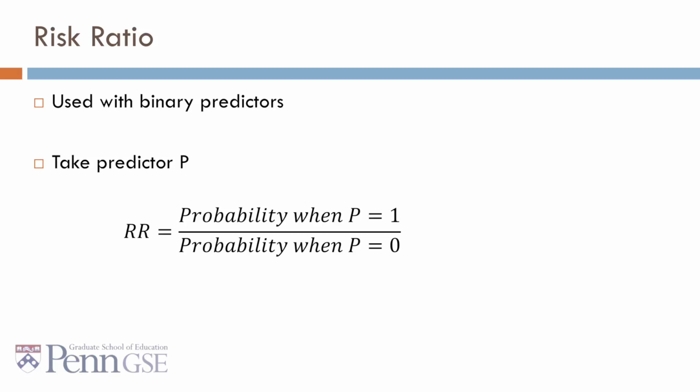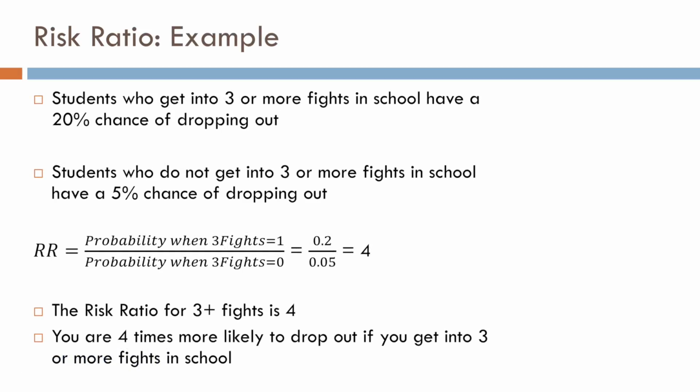To give an example, let's say that students who get into 3 or more fights in school have a 20% chance of dropping out, whereas students who don't get into 3 or more fights in school have a 5% chance of dropping out. In that case, our risk ratio is the probability when 3 fights is 1 over the probability when 3 fights is 0, or 0.2 over 0.05, or in other words, 4.